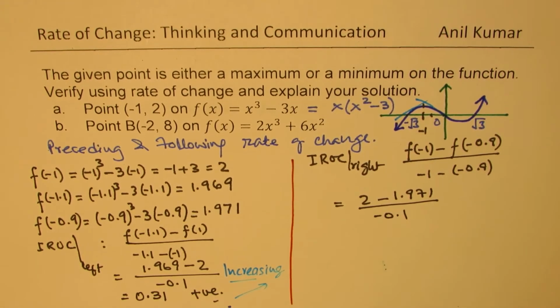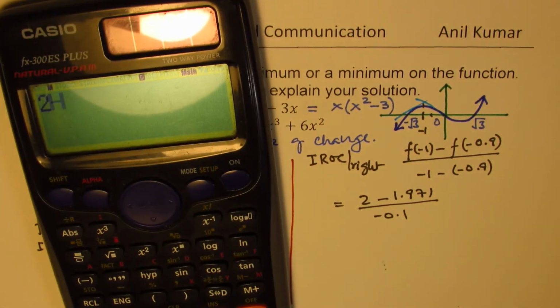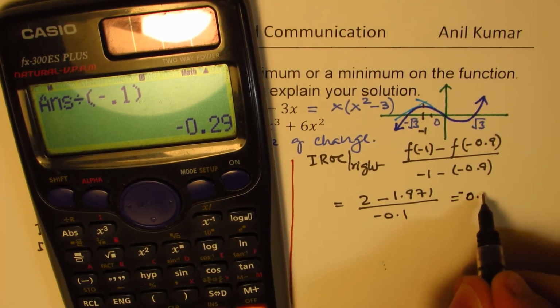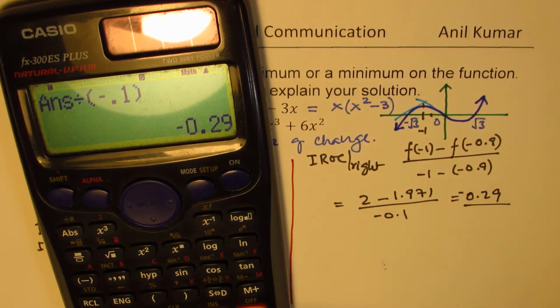So that should give you, let's use the calculator once again. So we get 2 minus 1.971 and divide this by within brackets minus 0.1. Decimal value is minus 0.29, right? So approximately minus 0.3.